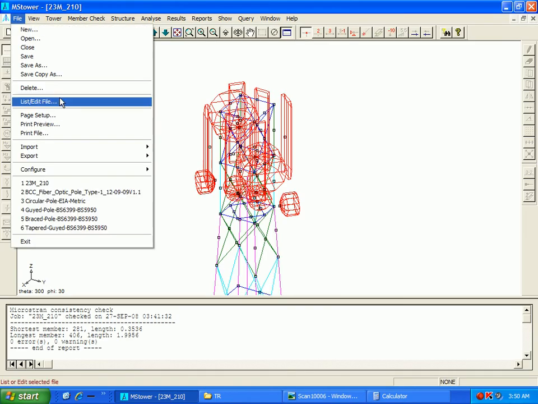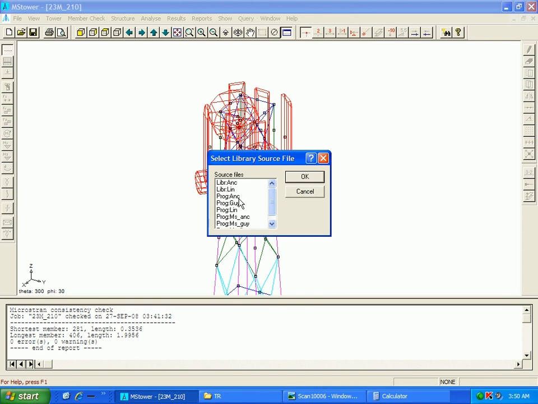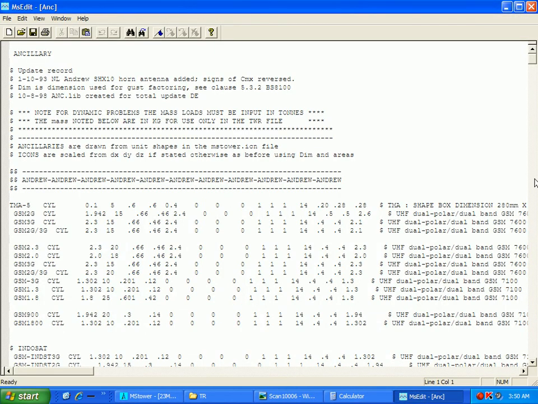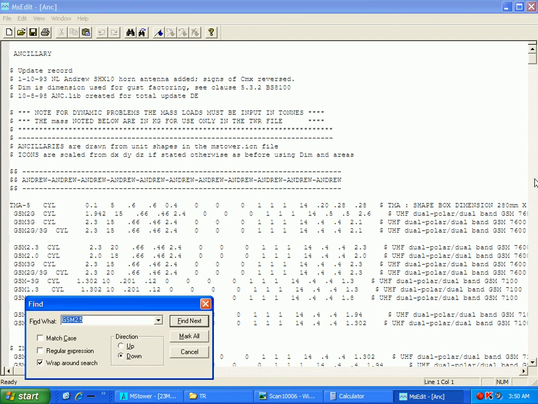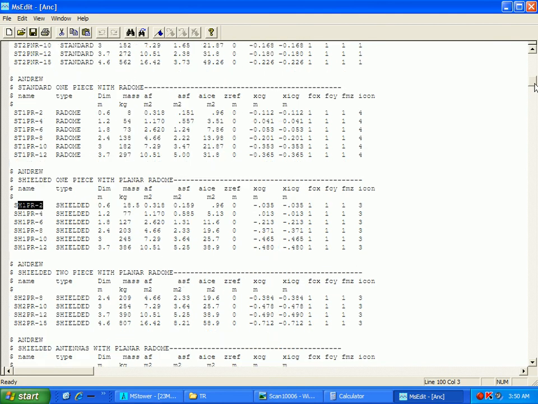Now we will go to PNs, ancillary library, program ends, PNs, program ends, and our dish is standard high performance. These are dishes: 1.2 meter dish, 0.6 meter dish. This is the shielded antenna, and diameter is 0.6 meter, diameter is 1.2 meter.